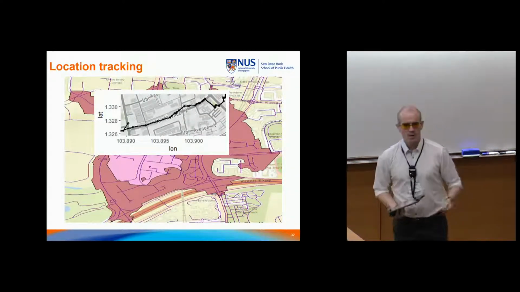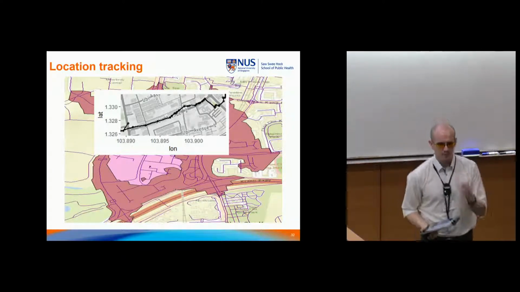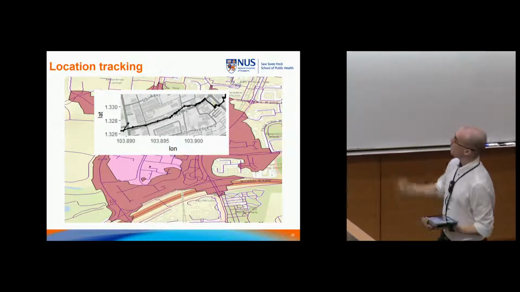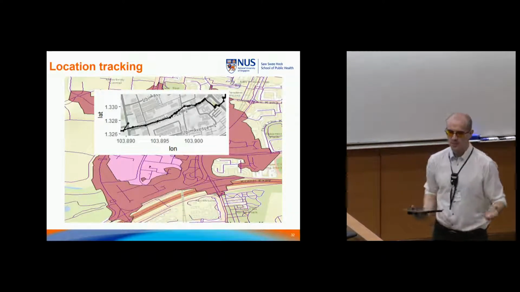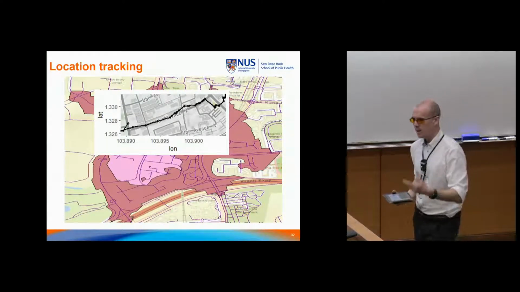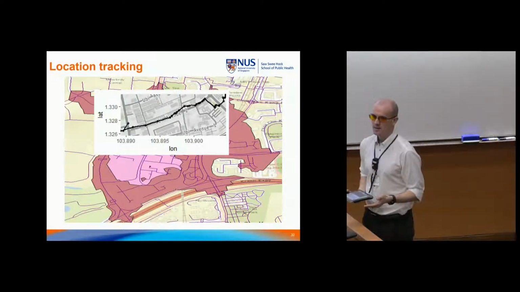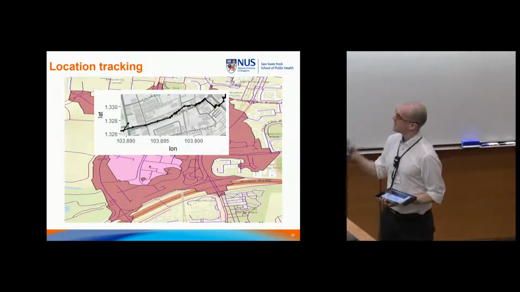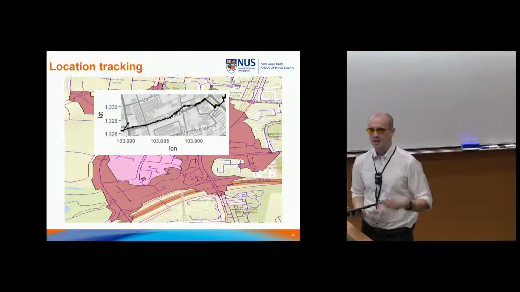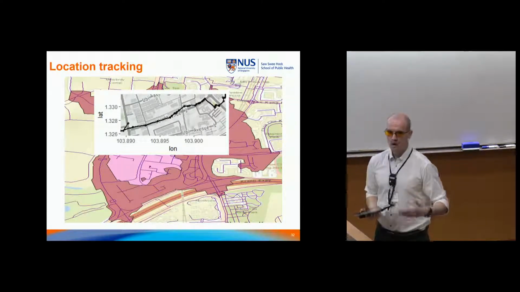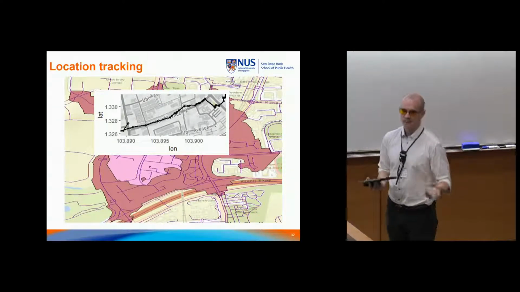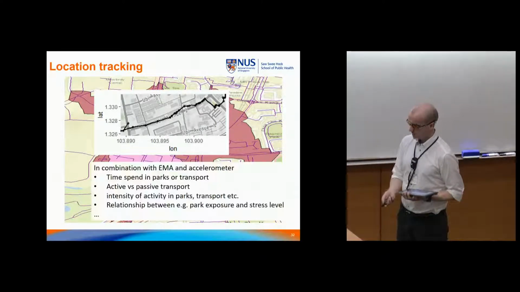Still, we get very interesting information from this objective monitoring. We have information on location from the geospatial analysis. We can now identify certain environmental characteristics, and we can then overlay this information with the actual location monitoring to understand where people were at what point in time, what kind of transport, for instance, they've chosen, and other relevant questions.